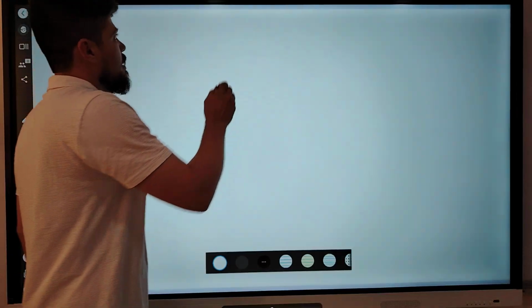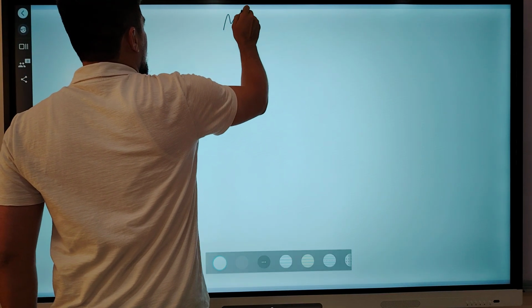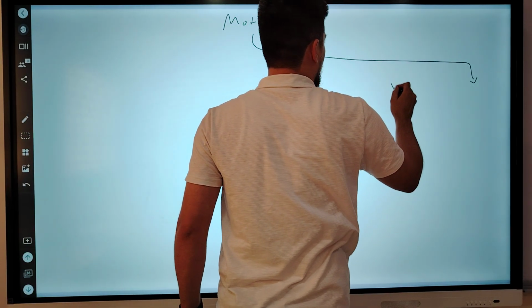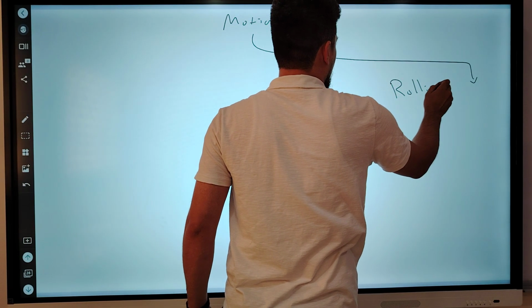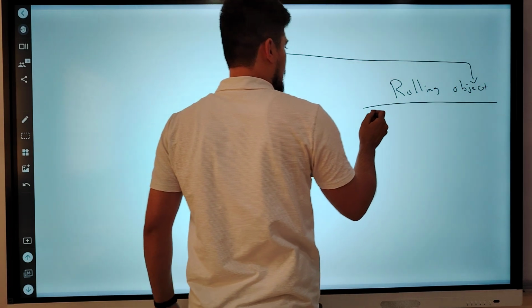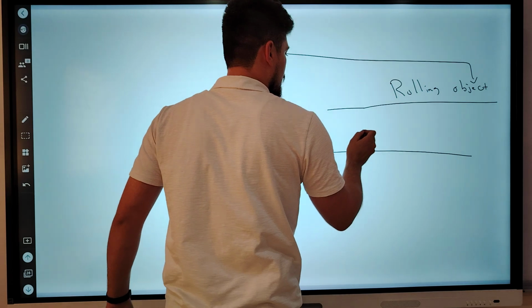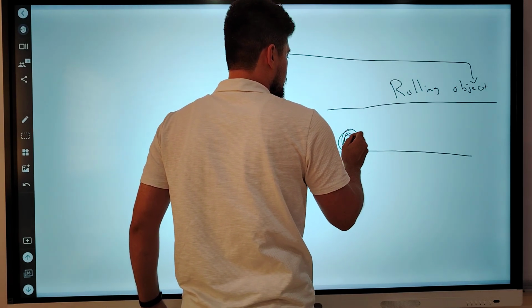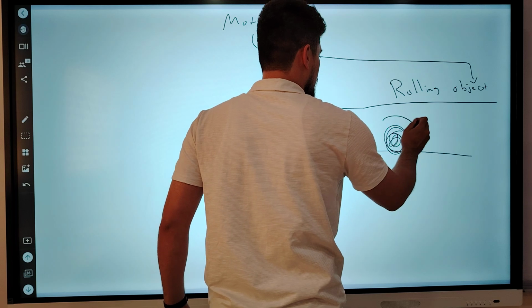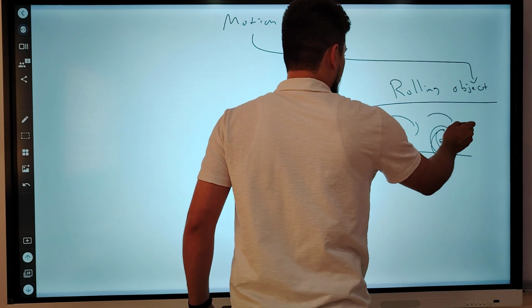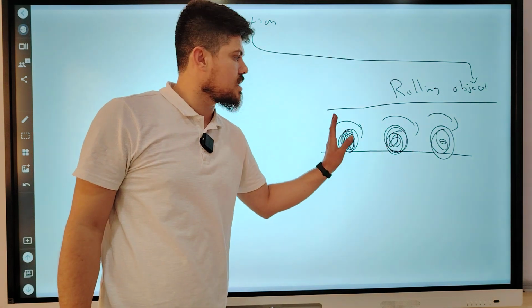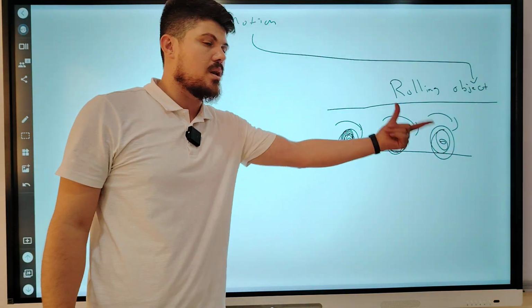Guys, when we say a rolling object, it means that the bowling ball or the bicycle is rolling on a surface. This type of motion has both translational motion, because its position changes, and rotational motion.